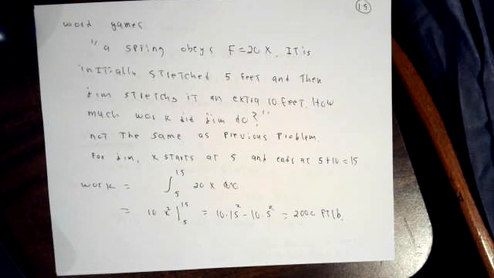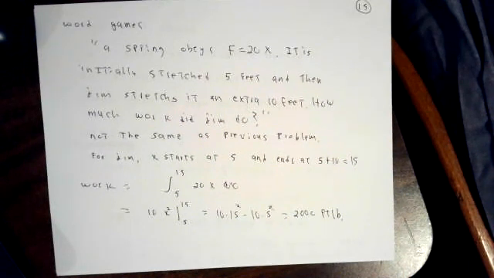Sometimes people play word games. Listen to this problem. A spring obeys F equals 20x. That's the same formula as on the previous page. Initially, it is stretched 5 feet, and then Jim stretches it an extra 10 feet. How much work did Jim do? If you're not paying attention, this sounds almost exactly like the previous problem, but it's not exactly the same thing. Jim isn't going to stretch the spring until x equals 10.